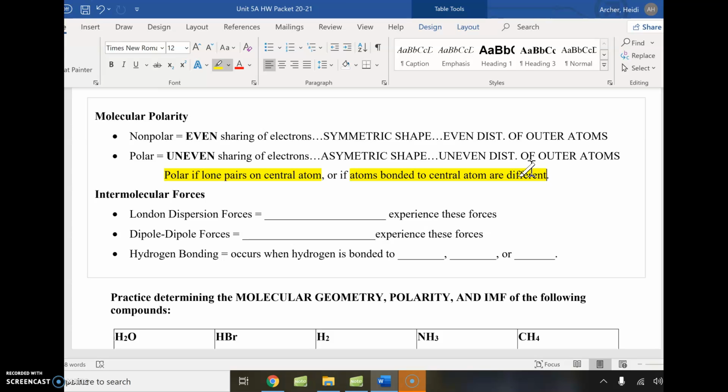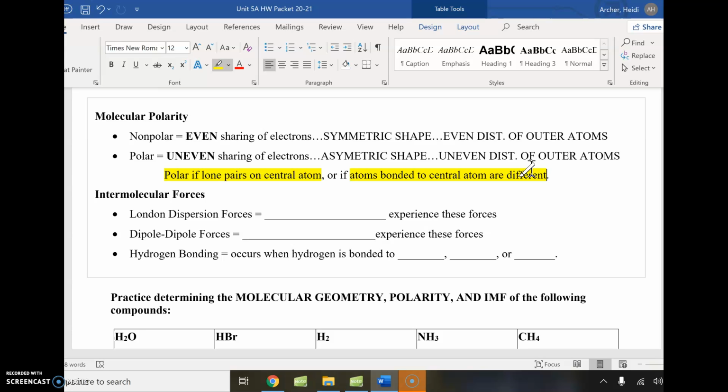Or if we have one of those typically nonpolar shapes, but the atoms are different, then there is a possibility that those electrons are unevenly distributed between them. So we can end up with a polar molecule even if it is typically a shape that creates a nonpolar molecule.